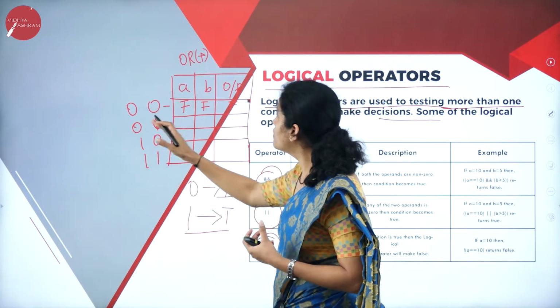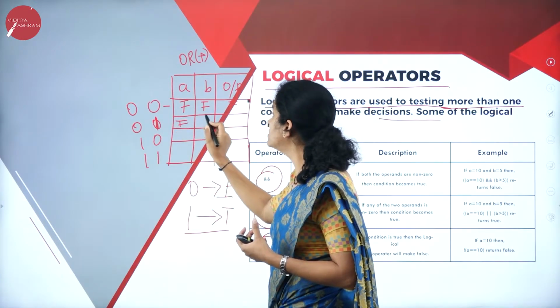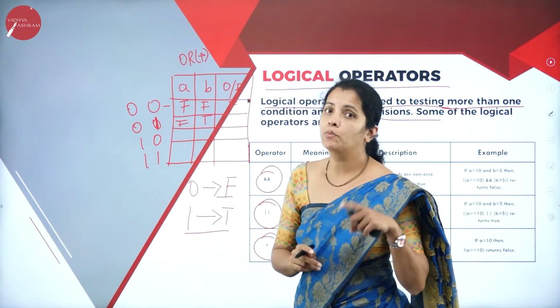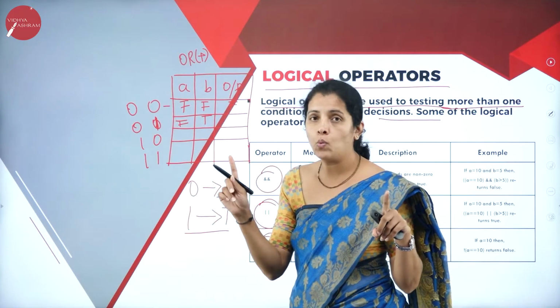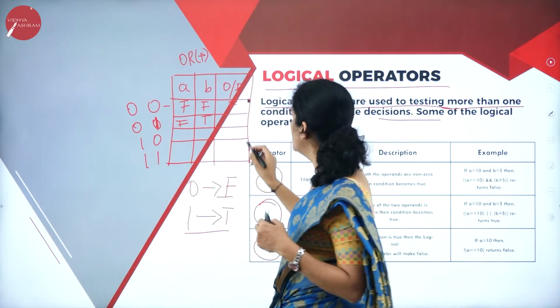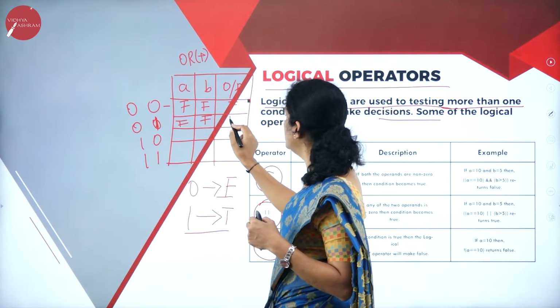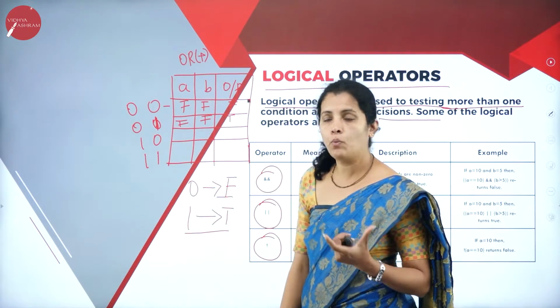And if I have 1 false and 1 true, that means 0 and 1, if I add 0 plus 1, I get the result true, that is 1.